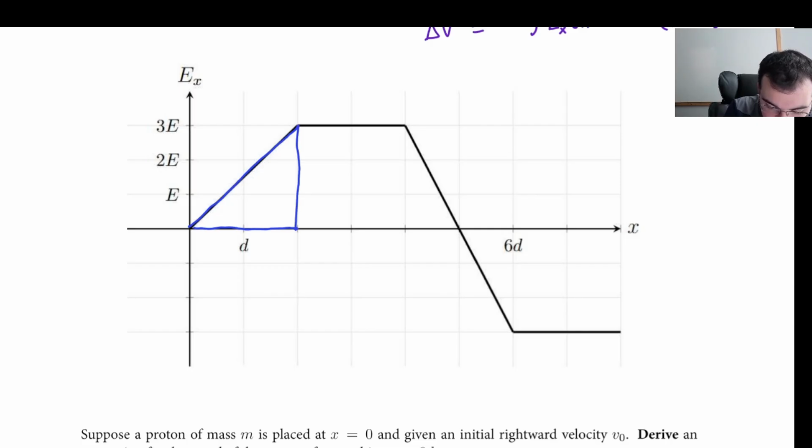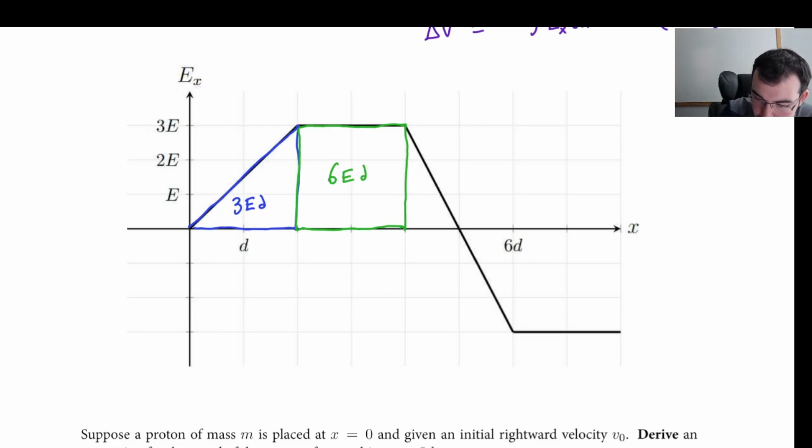So, this area is 3ED. Then for my green rectangle, I know trapezoid enjoyers are yelling at me. Yes, I know this is a trapezoid. But I like to split it because people find it easier than dealing with the trapezoid most times. You are a rectangle. You have a base of 2D and a height of 3E, so this is 6ED.